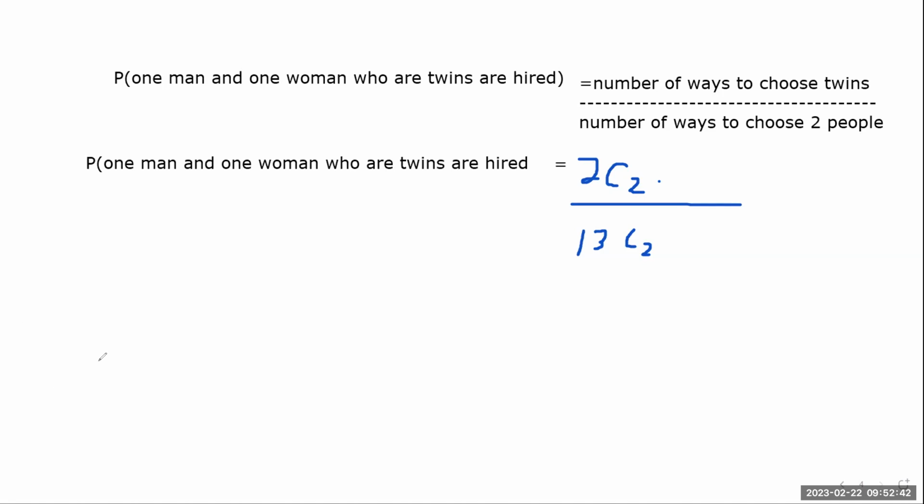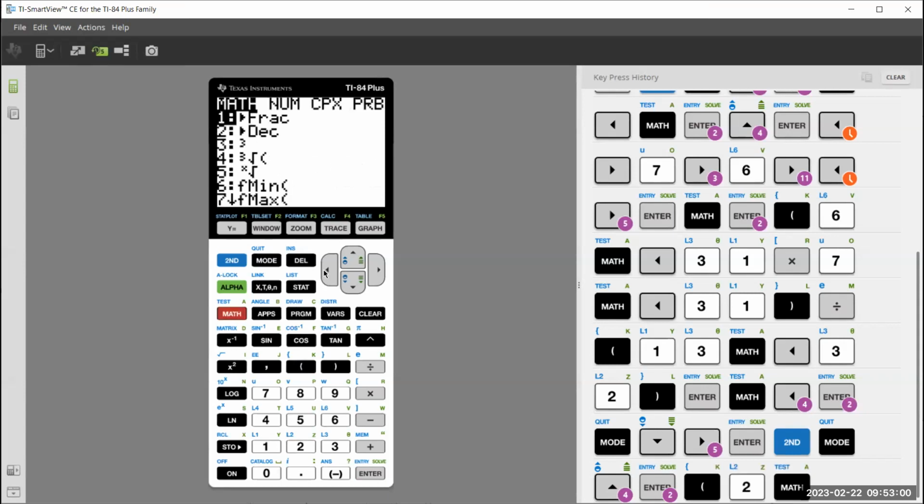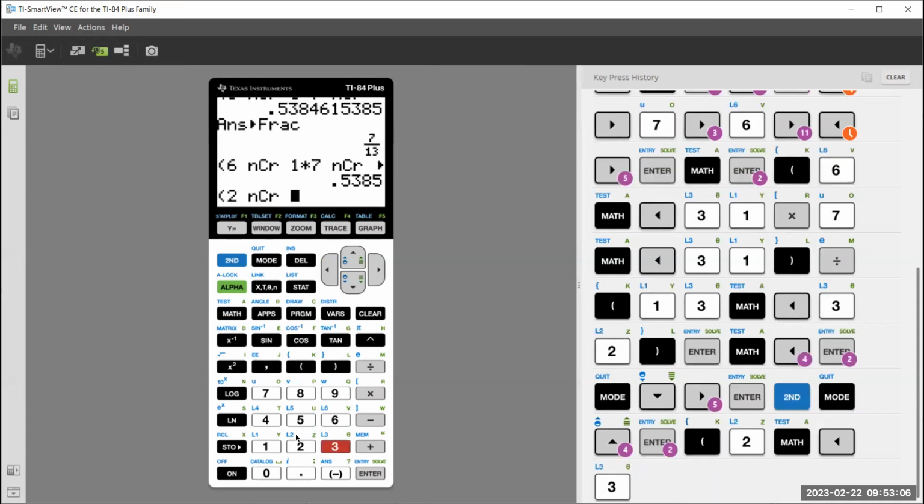So let's go to the calculator at this point and see what's going on. From 2 people, choose 2 people, math, probability. You've seen me do this a bunch of times. Feel free to fast forward if you'd like.